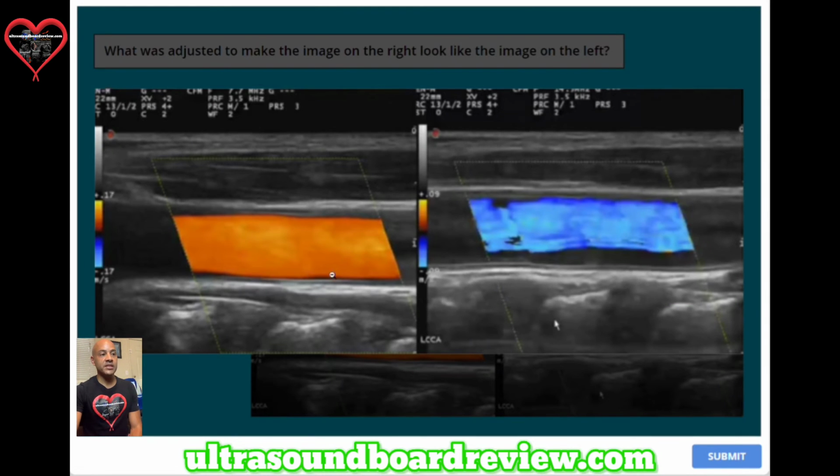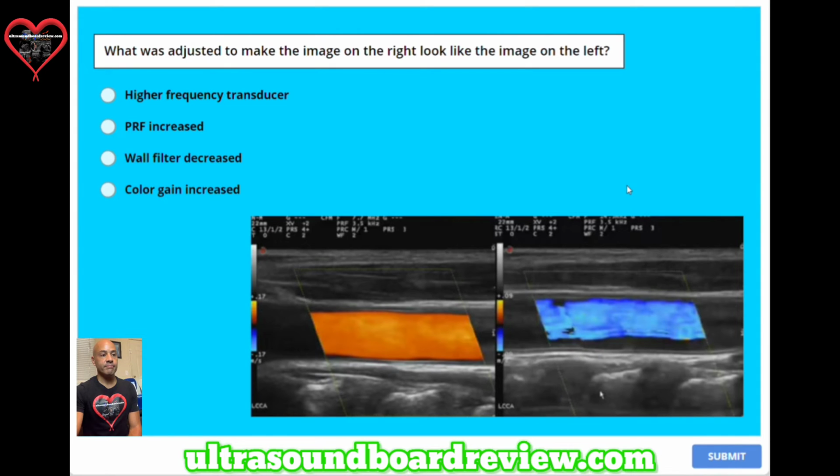You can kind of see that this image here obviously looks more optimal than this image. The answer is this image was taken with the higher frequency transducer.